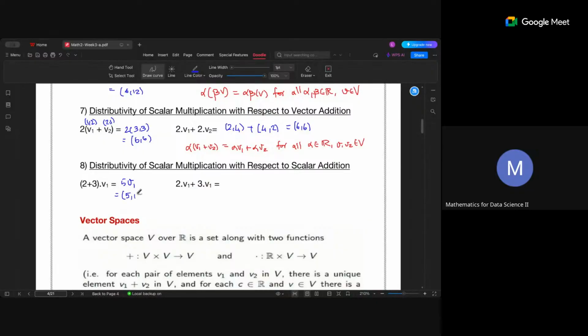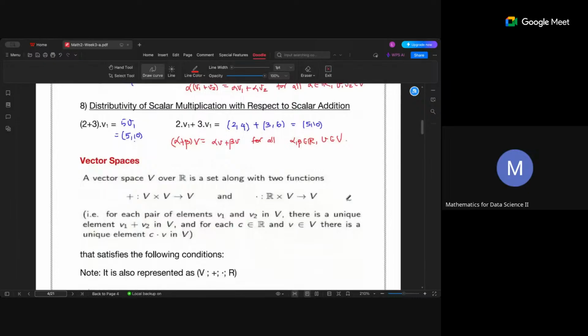It is (5, 10). So here you have (2, 4) plus (3, 6), so again (5, 10). So now the property here is that (alpha plus beta) times v is the same as alpha v plus beta v, for all alpha, beta in R, v in V.